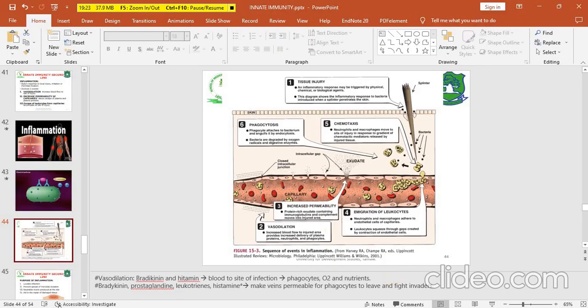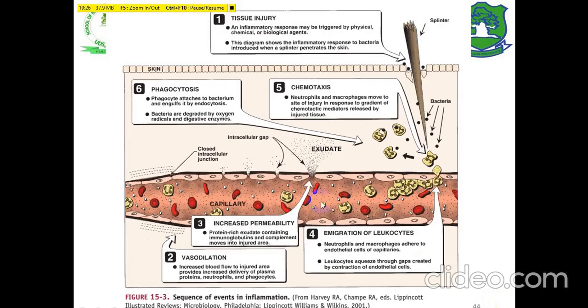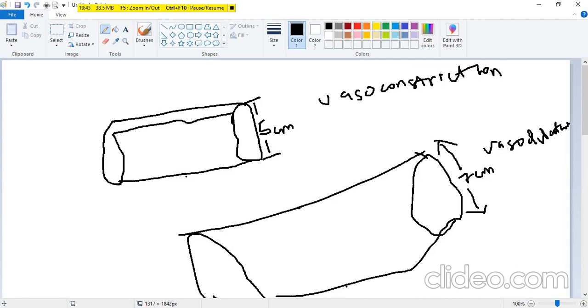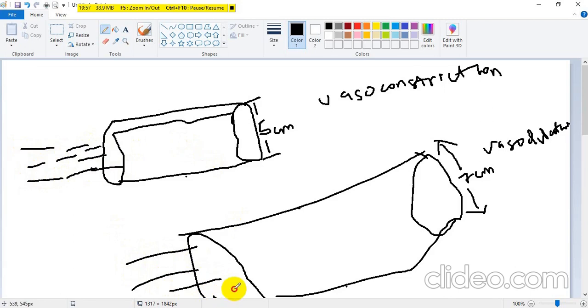When there is vasodilation, there is increased blood flow to the injured area, which provides increased delivery of plasma proteins, neutrophils, and phagocytes. Let me ask you: blood flow through the first vessel and blood flow through the second, which one will have more blood flow?